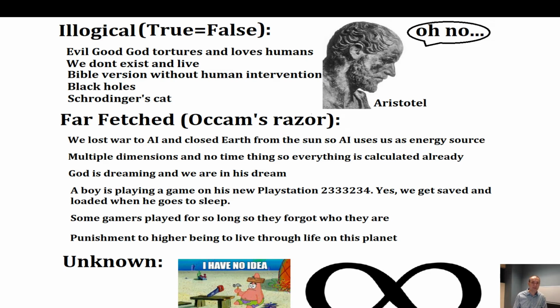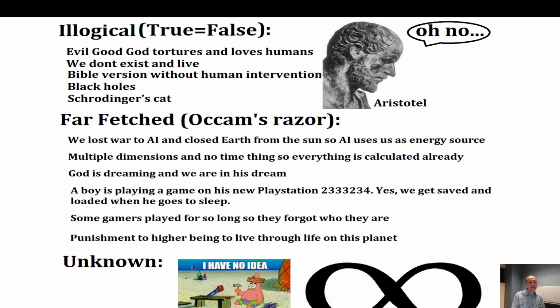It tends to be the case just statistically. Some far-fetched explanation, as an example, the first you probably recognize. You lost a war to AI and closed Earth from the sun, so AI uses us as an energy source. That's the Matrix, right? Very far-fetched.